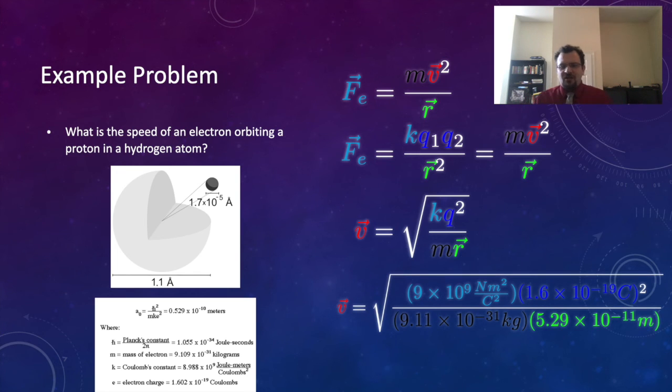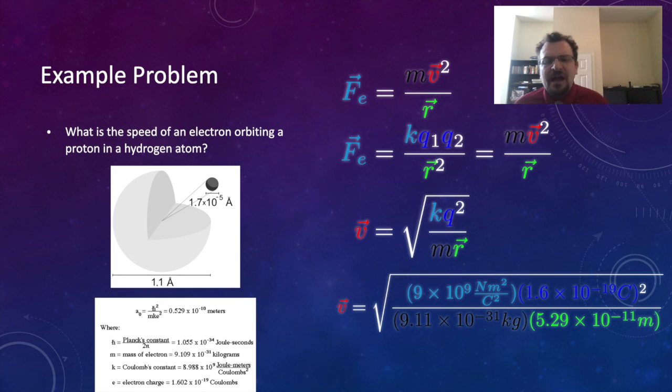We can now plug all those numbers in, so we can then find the velocity. This is going to be 9 times 10 to the 9, which is Coulomb's constant, times the fundamental charge, the charge of an electron, charge of a proton, which is 1.6 times 10 to the minus 19 coulombs.